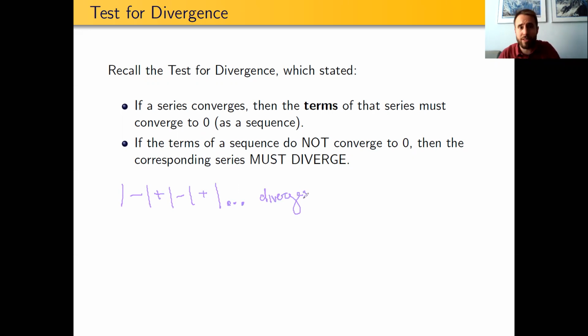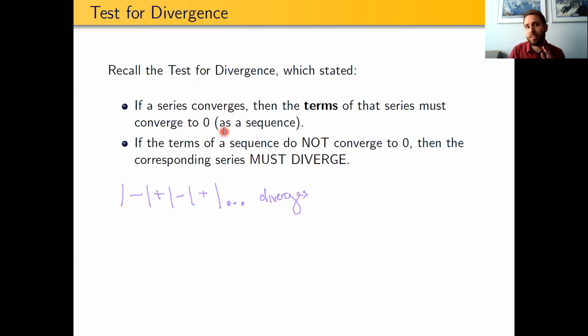The individual terms never go to zero. Instead, they simply stay plus 1, minus 1, plus 1, minus 1, plus 1, and so on. At the same time, if a series is known to converge, then the terms of that series must converge to zero. So this was a great test, very quick and easy way to see if a series diverges.